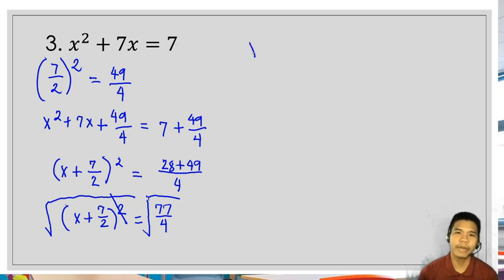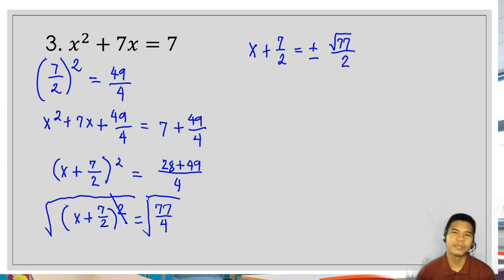We have x plus 7 over 2 equal to, so, walang square root ang 77. So, again, positive and negative yan. Maiiwan yung 77 sa taas. Over the square root of 4, yun ang meron. We have 2. Because this time, ilipat natin yung 7 over 2 sa kabila.